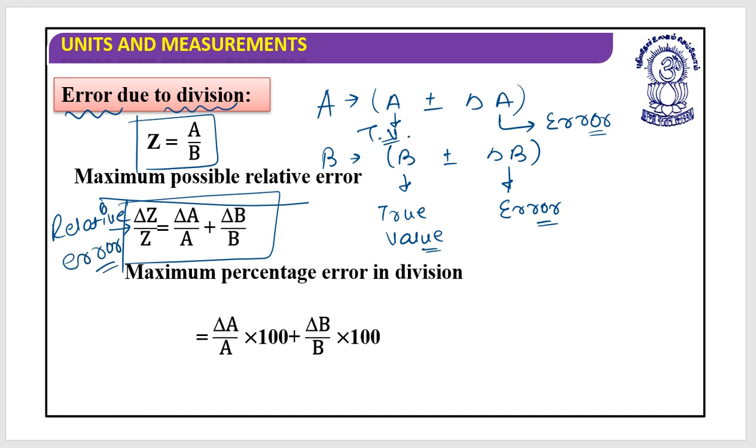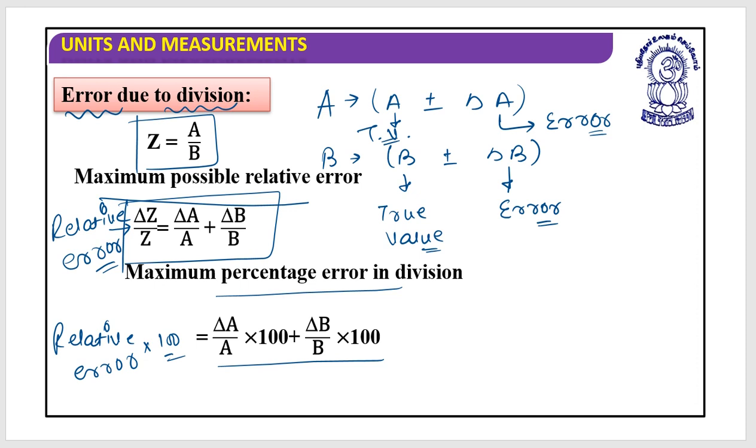If I am asked for the maximum percentage error, I just need to multiply this by 100. So the relative error multiplied by 100 gives delta A by A into 100 plus delta B by B into 100. Did you understand this? Any doubts?